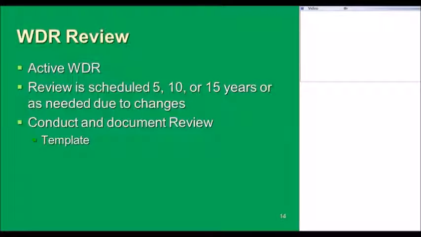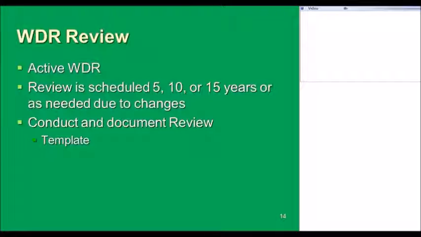WDR review. And for this task, we have an active WDR, and we have our review dates that are scheduled either 5, 10, or 15 years, or as needed due to changes at the facility. And those 5, 10, 15 years are based on threat to water quality and are in our APM as to when these orders should be reviewed.